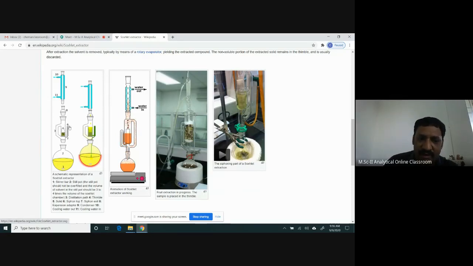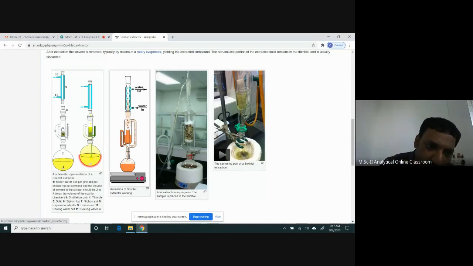Okay. Thimble. So whatever solvent in which the pigment will dissolve, that solvent you take into this round bottom flask. When you heat it, this tube holds the sample. Whatever sample of plant material we want to take for the pigment separation, that plant material we keep here in this tube.